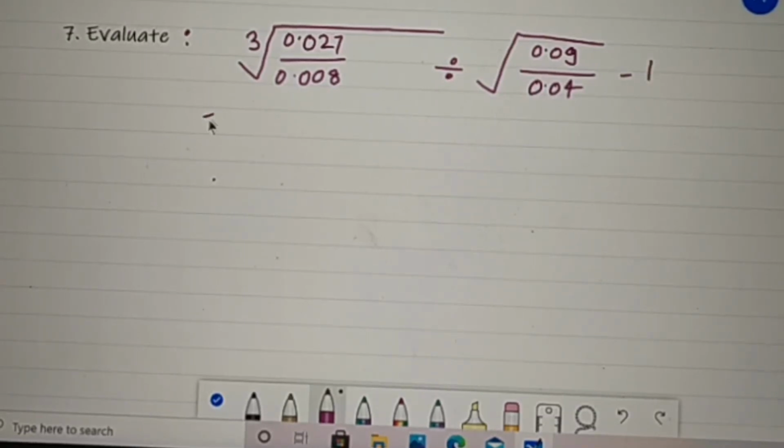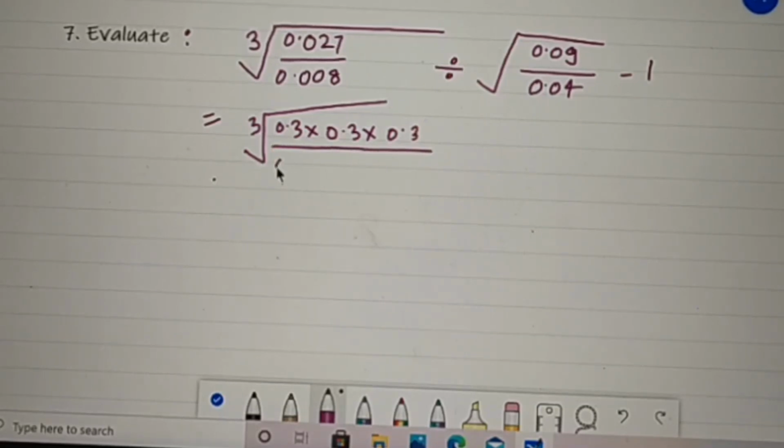Very simple. These are 3 digits, these are 2 digits, so 0.3 into 0.3 into 0.3 is 0.027. 3 threes are 9, 3 nines are 27, and 0.2 into 0.2 into 0.2 is 0.008. So we write 0.3 into 0.3 into 0.3, that is 0.027, and 0.2 into 0.2 into 0.2, this is 0.008.